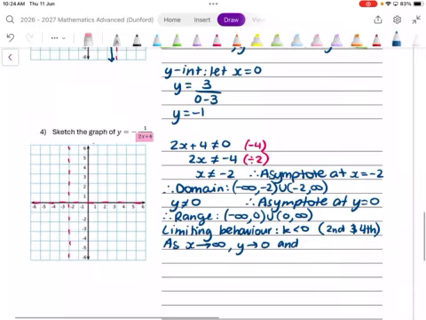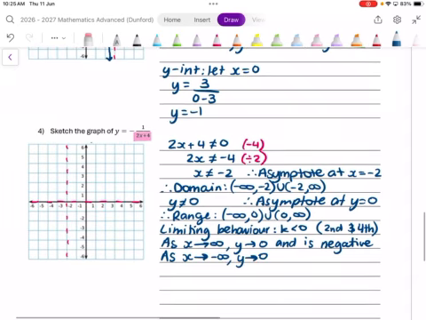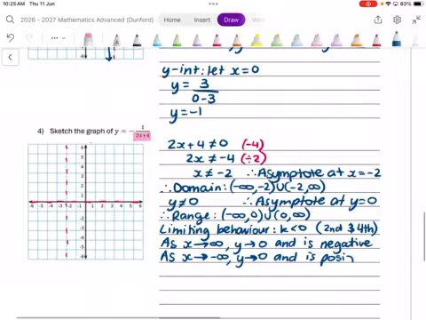So that means that our y values are going to be negative. And then as x approaches negative infinity, y still approaches 0, but it's positive. So that means we have positive y values.